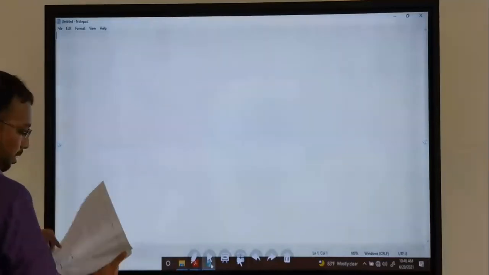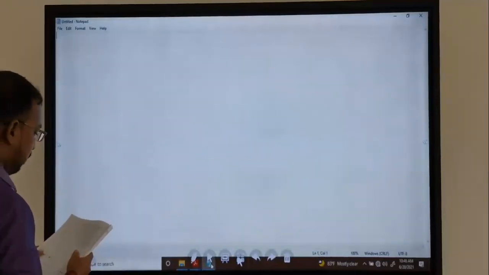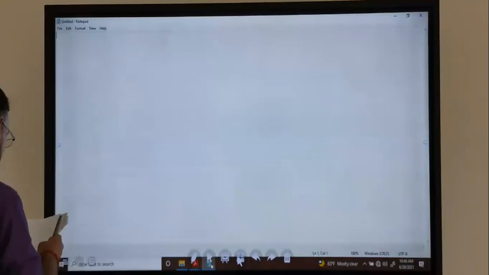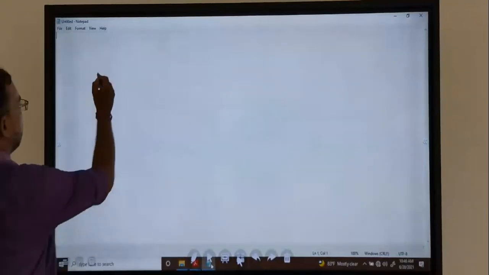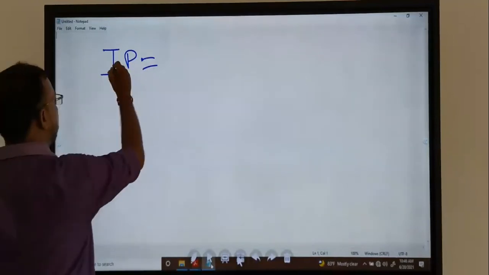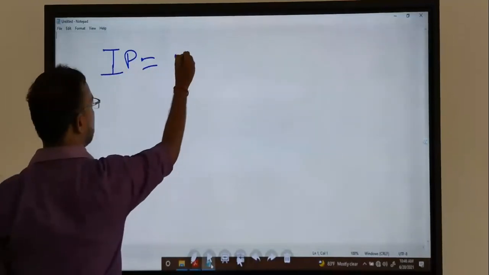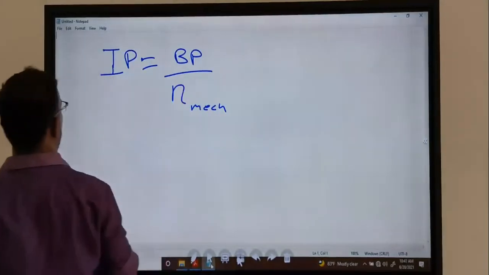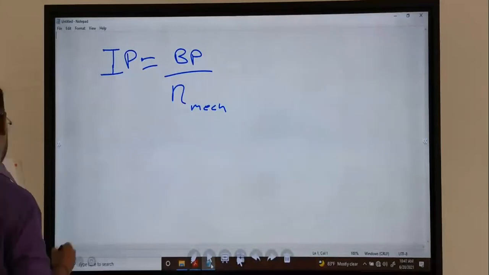So the last one is to find the indicator mean effective pressure, which we can find from the indicator power equation. First of all we have to find the indicator power. Now we know the brake power, so we use the mechanical efficiency equation straightly to find the indicator power.